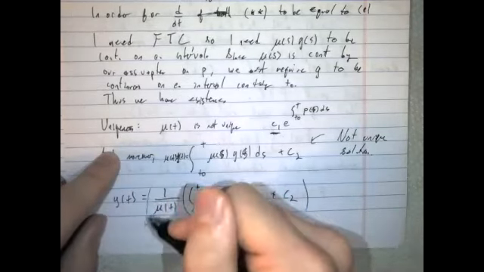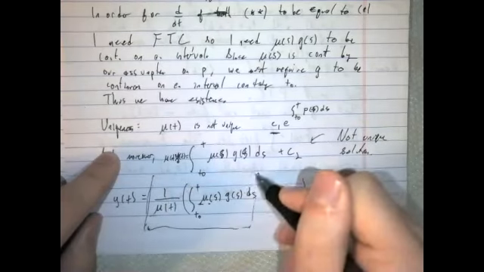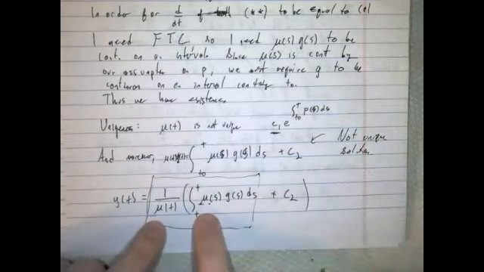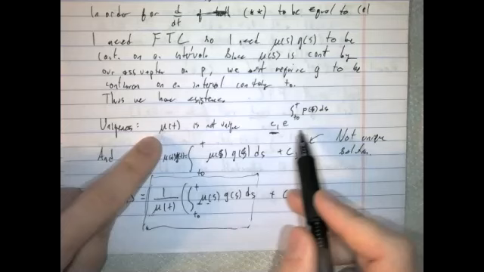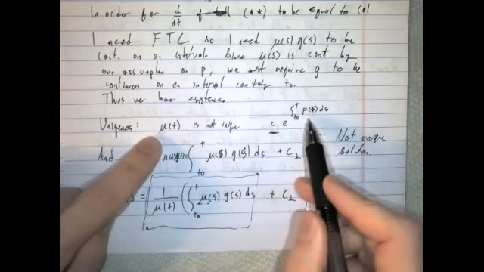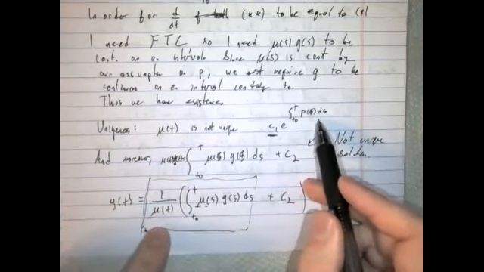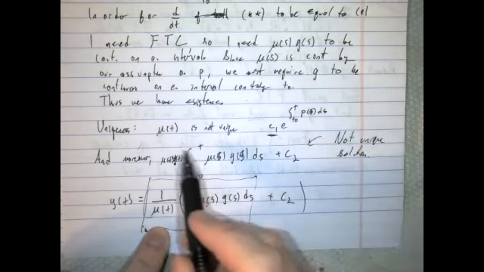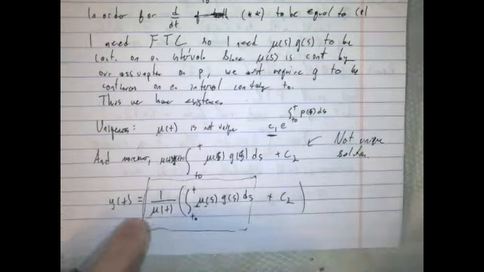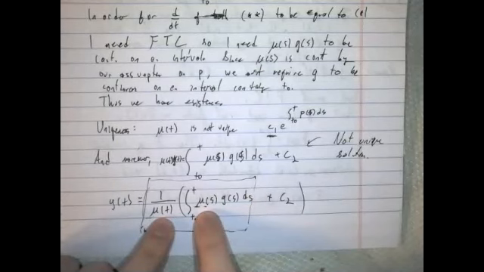So this term is independent of what constant C1 I chose to multiply e to the integral of p of s ds by. Is that clear? Yeah. Changing mu of t by multiplying a constant won't affect this expression.